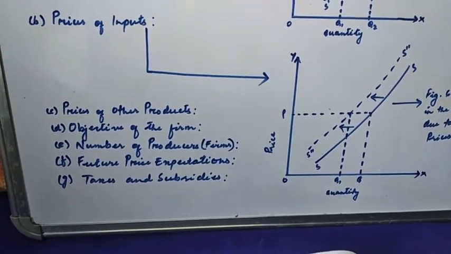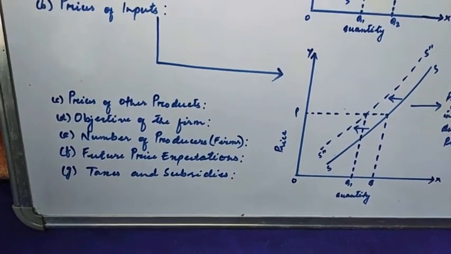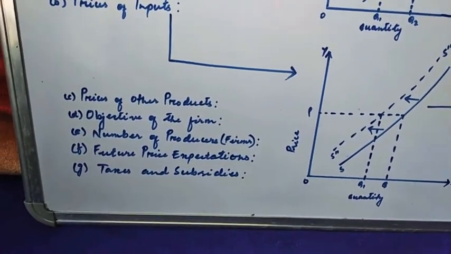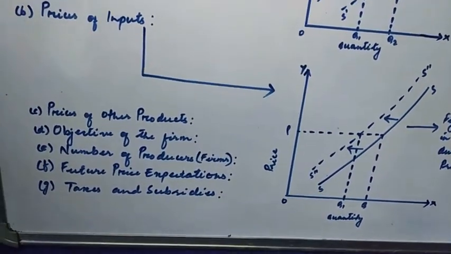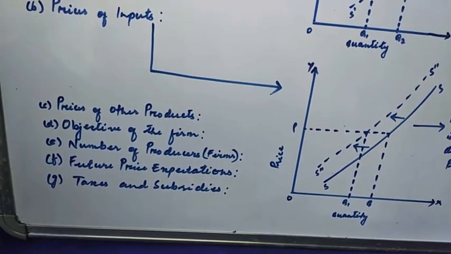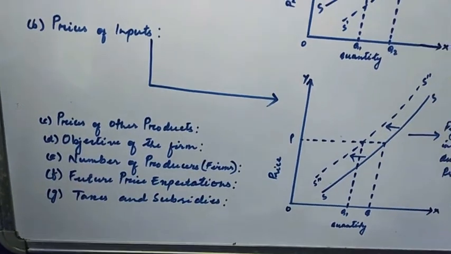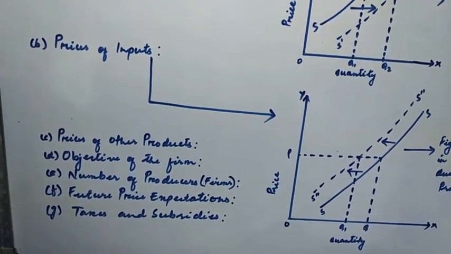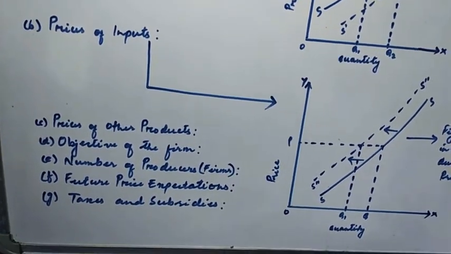So the hoarding of huge quantities of goods by producers and sellers is an important factor in reducing supplies in the market and thus causing further rise in their prices. So this future price expectation plays an important role in determining the amount of product that is being supplied.